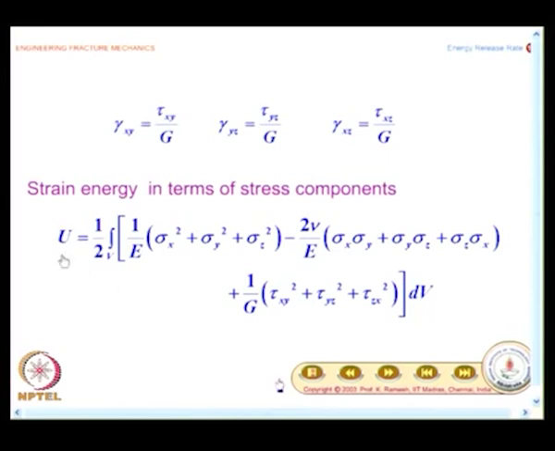If I want to get the total strain energy, I would integrate over the volume, and within it I have terms like 1 by E times sigma x squared plus sigma y squared plus sigma z squared, minus 2 nu by E times sigma x sigma y plus sigma y sigma z plus sigma z sigma x, plus 1 by G times tau x y whole square plus tau y z whole square plus tau z x whole square. And you know very well that E is the Young's modulus, G is the shear modulus, and they are related by the Poisson's ratio.